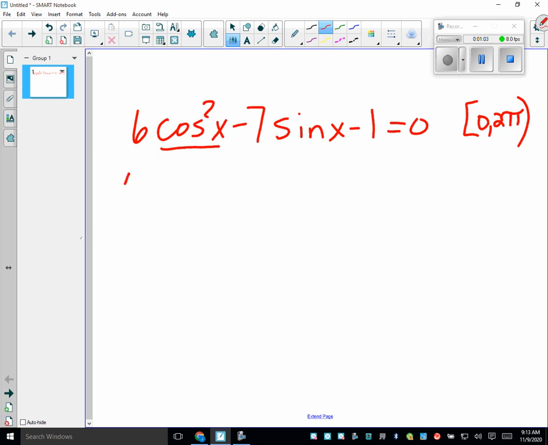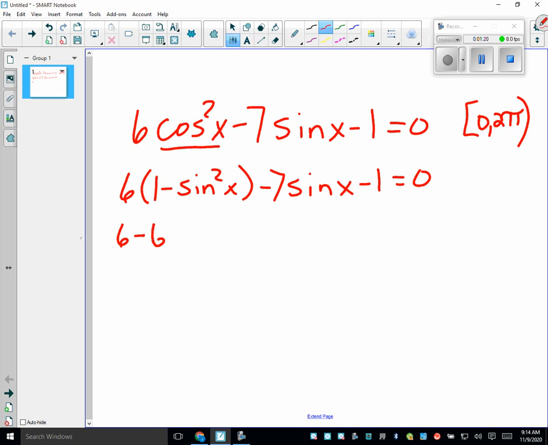So I have 6 times 1 minus sine squared x minus 7 sine of x minus 1 equals 0. Can I get rid of my parentheses? Yes. So I have 6 minus 6 sine squared x minus 7 sine x minus 1 equals 0.